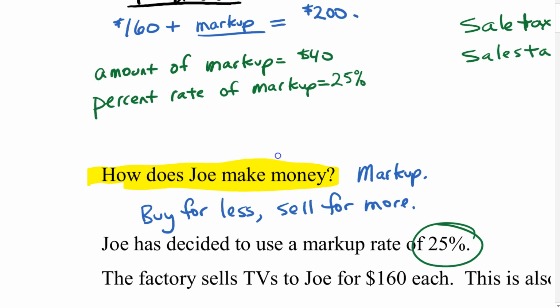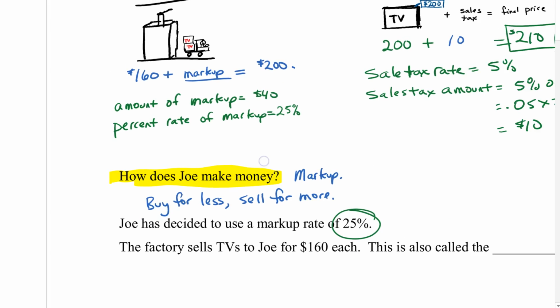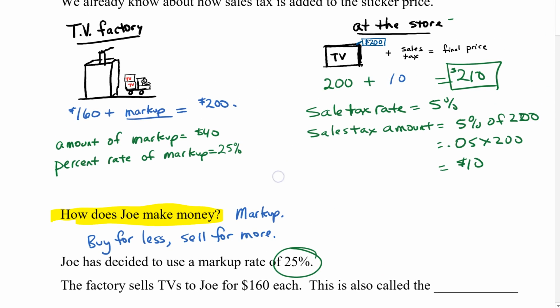I just want to point out how similar these two ideas are. In both cases, we're taking a price and we're increasing it to get to a final price. You can look at that increase in terms of a percent, which in the case of sales tax, the rate was 5%, or an amount, which was $10. Here, before we get to that $200, Joe bought the TV for $160 at the factory, and there was an increase.